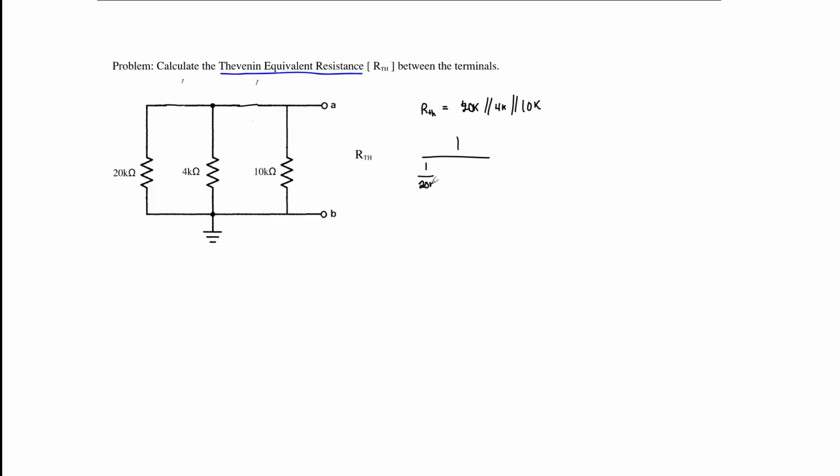So 1 over 20 kilo ohms plus 1 over 4 kilo ohms plus 1 over 10 kilo ohms. Simplifying and solving, we can conclude that our Thevenin equivalent resistance is equal to 2.5 kilo ohms.